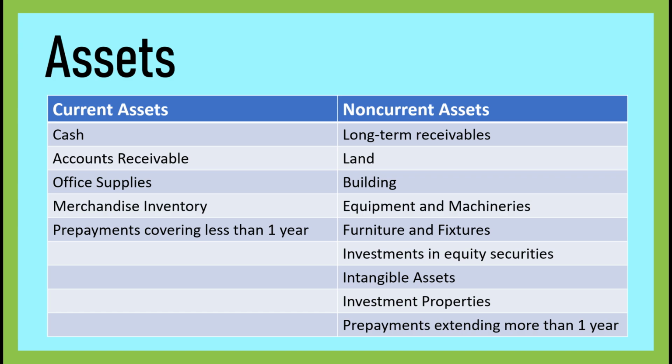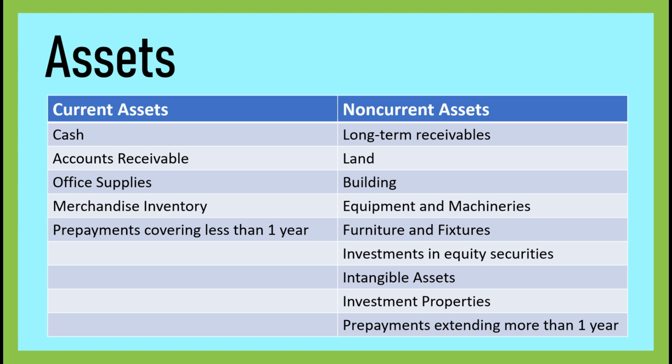Okay, so for current assets, we have cash. So you maybe have an understanding of cash by itself, but basically, cash is the company's money. Okay, and then we also have accounts receivable.